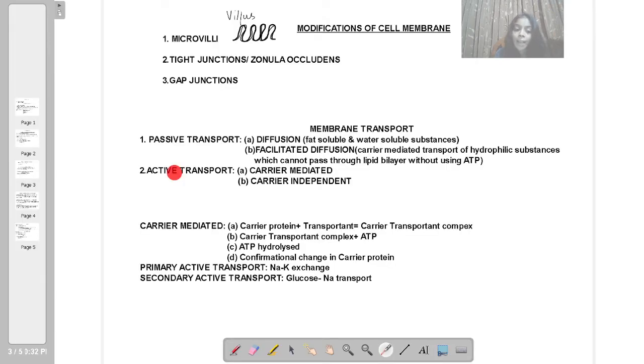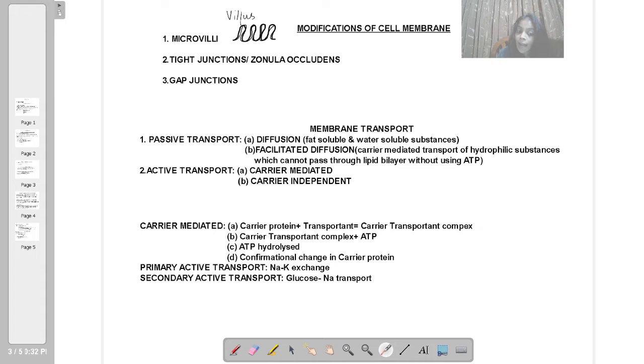Now coming to active transport, active means energy required, which means the cell has to spend some amount of ATP, adenosine triphosphate, otherwise transport is not possible. Now this again is of two types, carrier mediated and carrier independent.